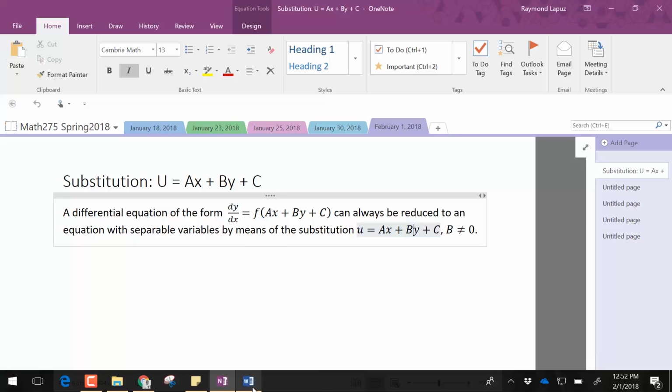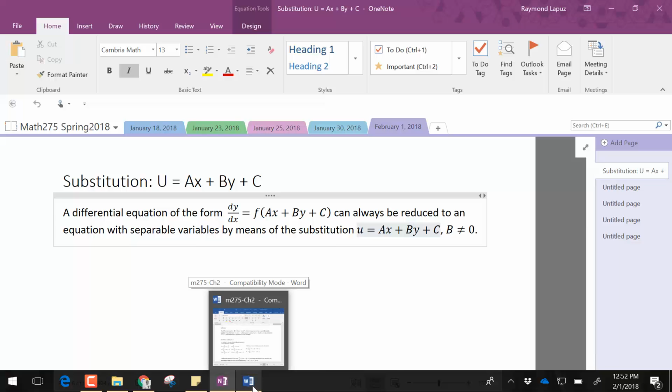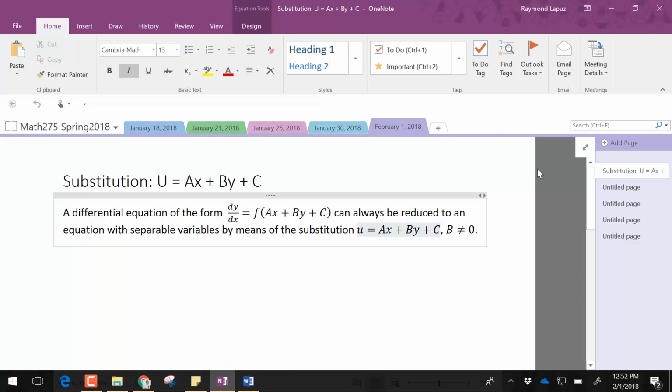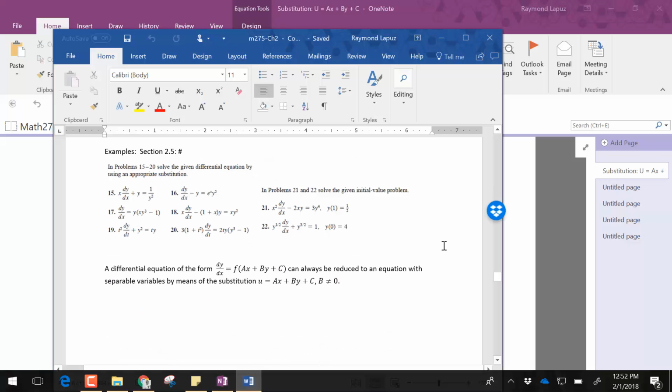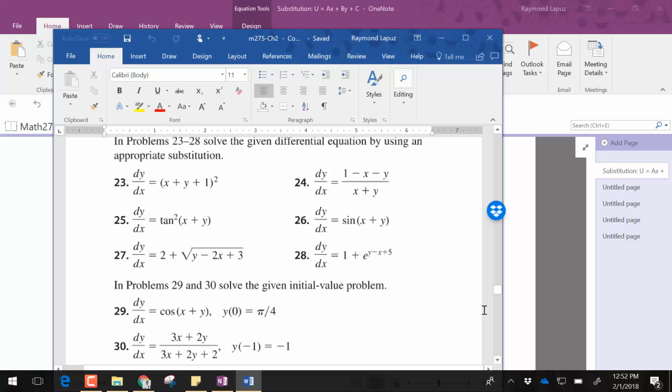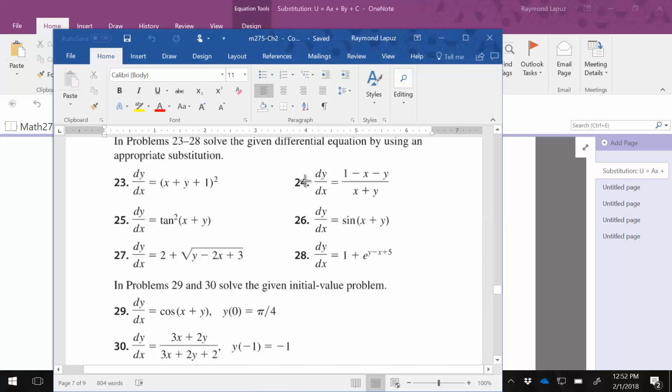So let's see if we can find a problem to do, just to get a feel for how this thing might look.